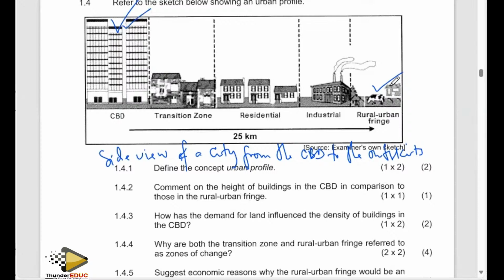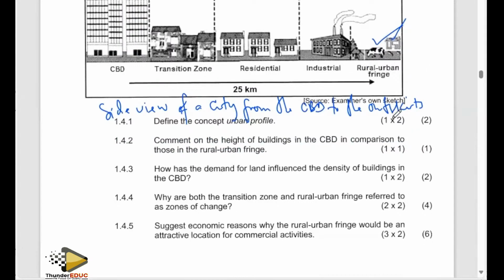High-rise buildings, and these ones, you check the height there, you can see that they are not the same. So we have taller buildings or skyscrapers in the CBD, and we have short buildings located away in the rural urban fringe.